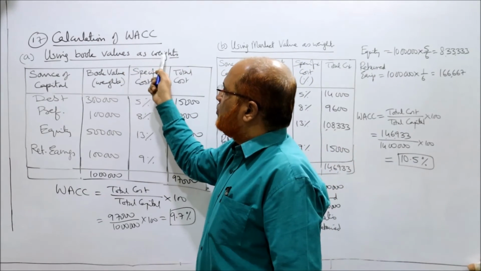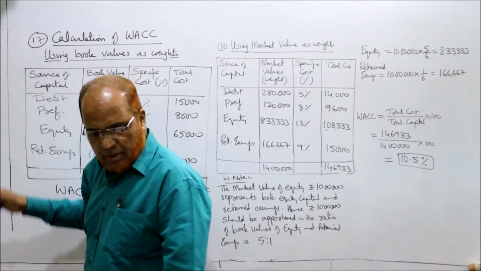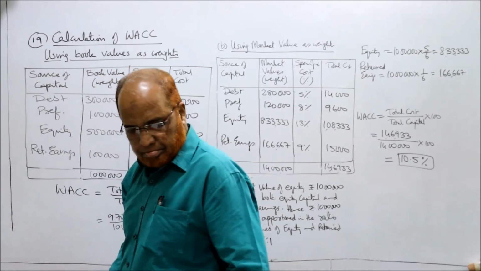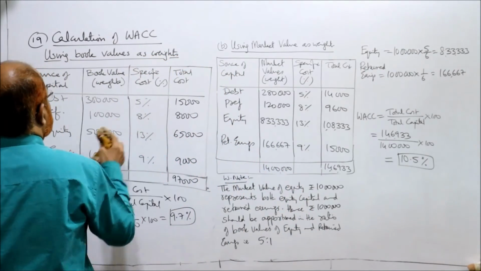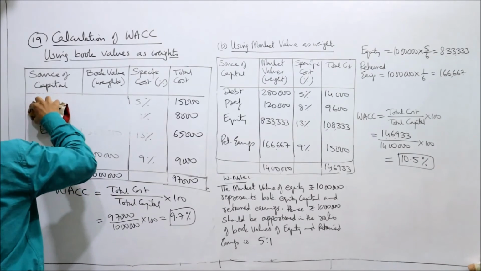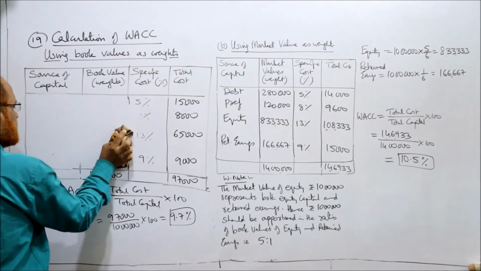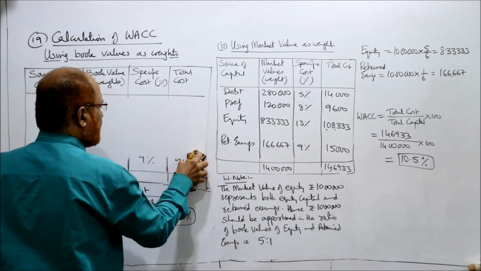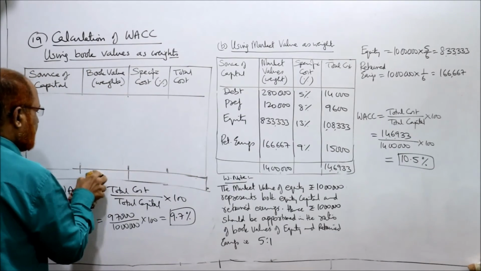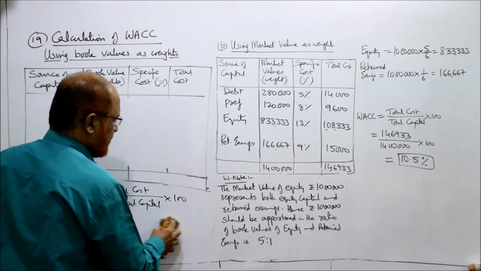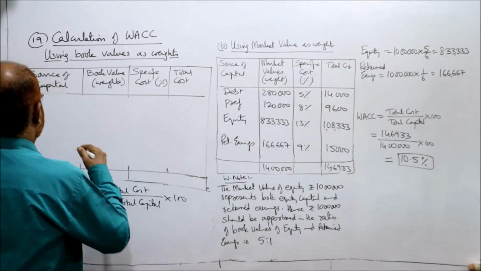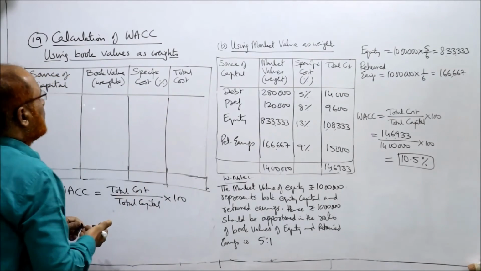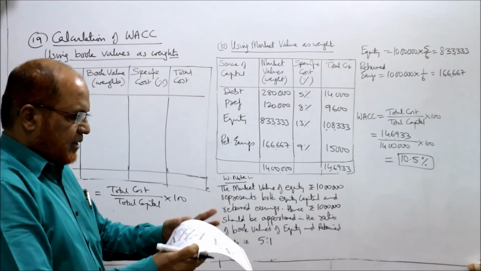calculation of WACC using book value as weights. This is problem number 19. Now, what are the different sources of capital that are given?